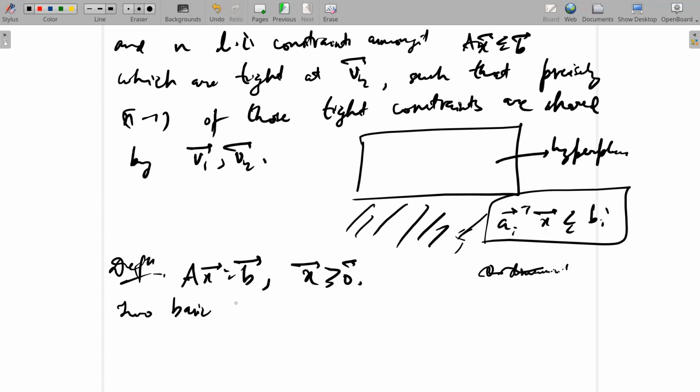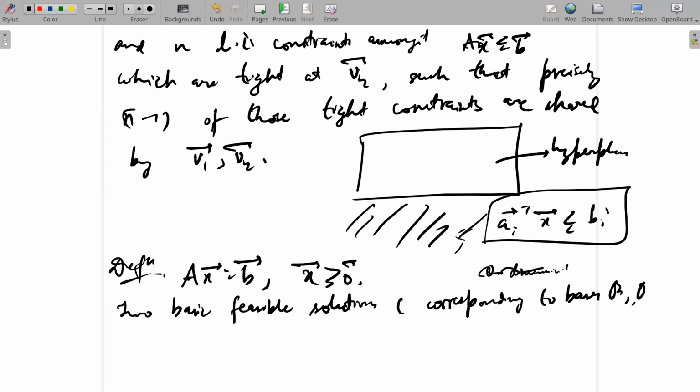So two basic feasible solutions of this polyhedron in standard form, say corresponding to bases B1 and B2, are said to be adjacent. We could also call them neighboring.